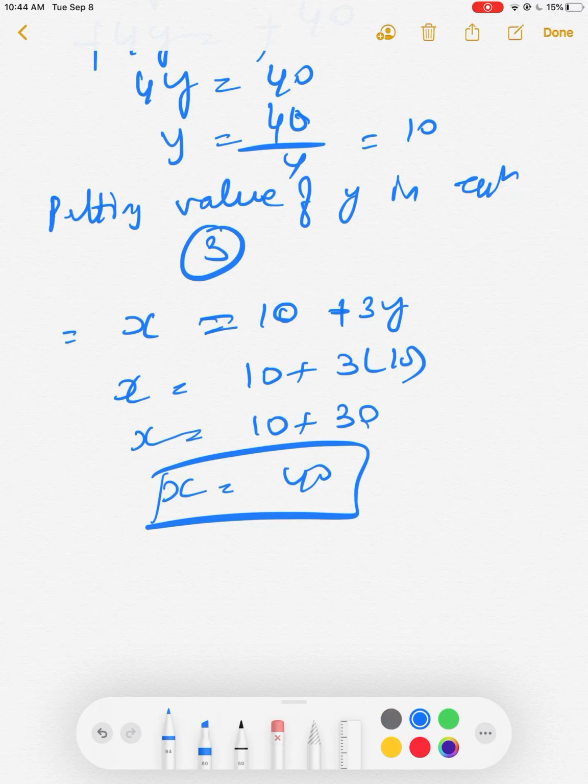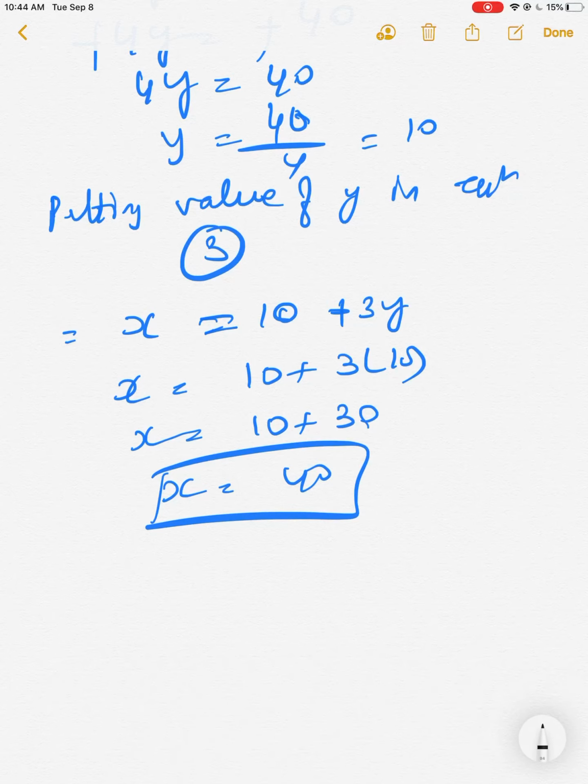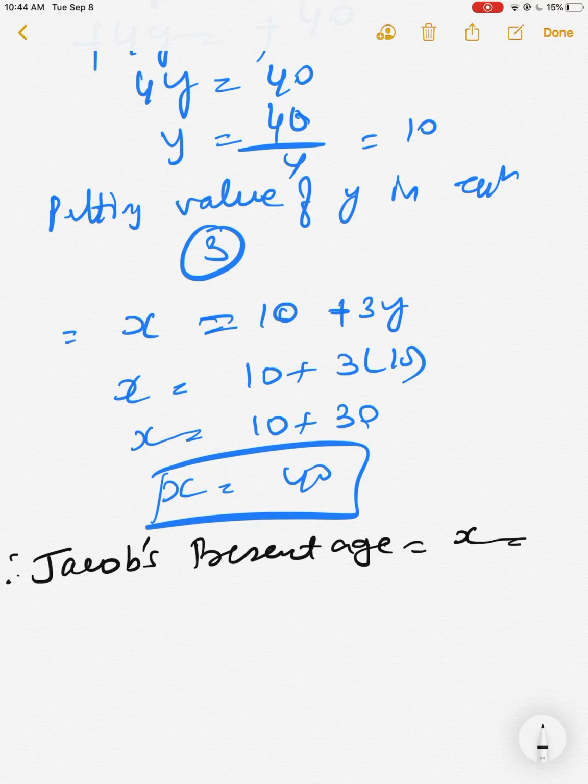Therefore, Jacob's present age, which we have taken as x, is equal to 40. Jacob's son's present age is y is equal to 10. Okay, with this we have completed exercise 3.3. Thank you.